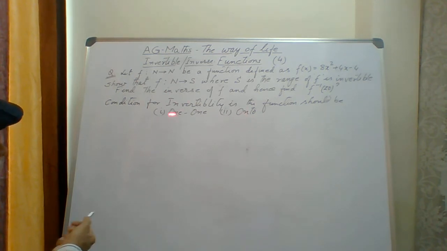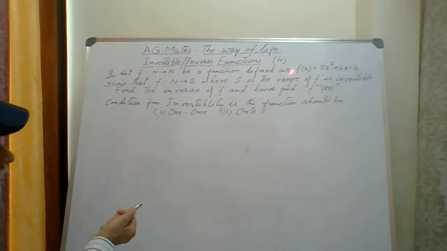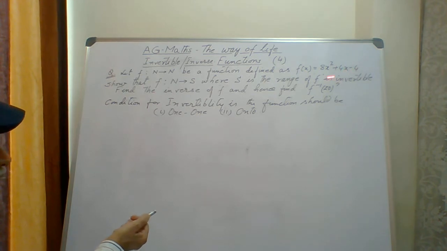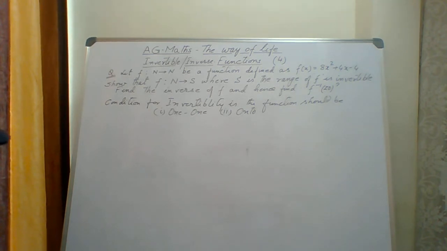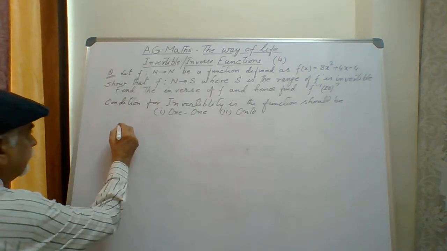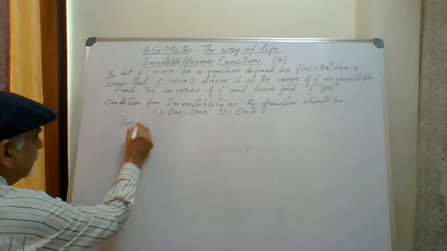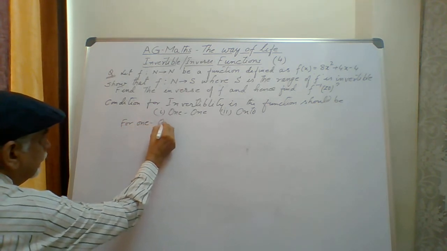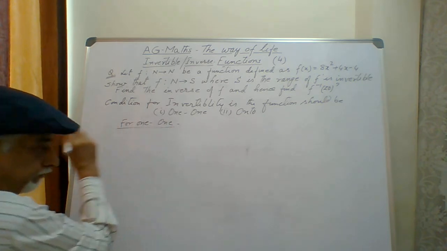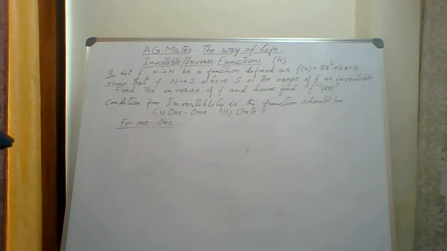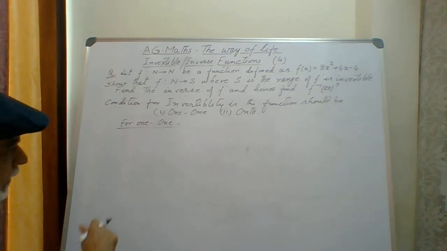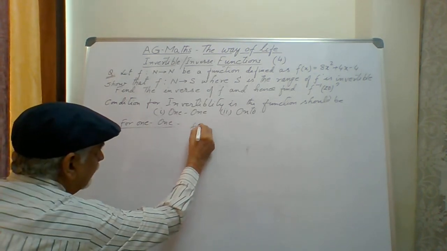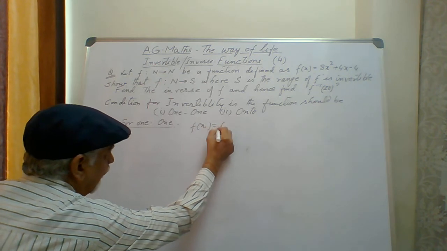That is the theory we will apply to prove that the given function, 8x square plus 4x minus 4, is an invertible function. First of all, we will try to prove that it is one-one. For one-one, the algebraic condition, as we remember from the last video, is that f(x1) should be equal to f(x2).